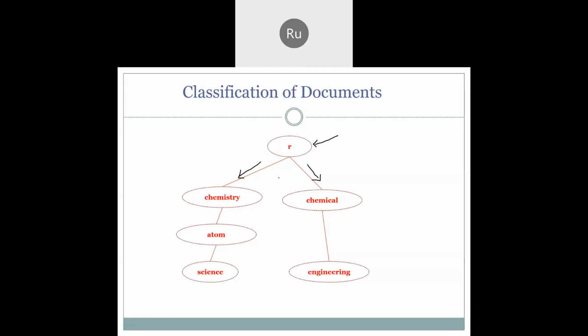And then this one says that if the document consists of chemistry and atom, then they belong to the class label. So remember that the last component in your tree will be the label or the class. Okay. So if the document has the term chemical, then it belongs to engineering. Very simple, straightforward.